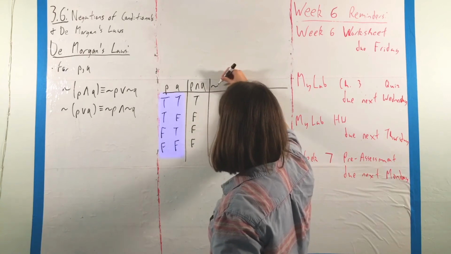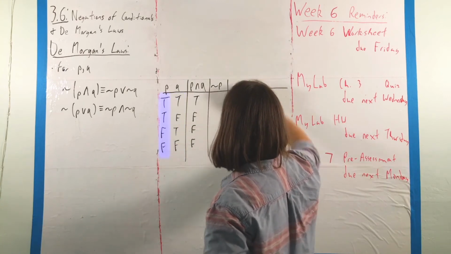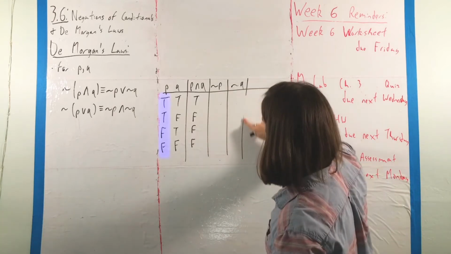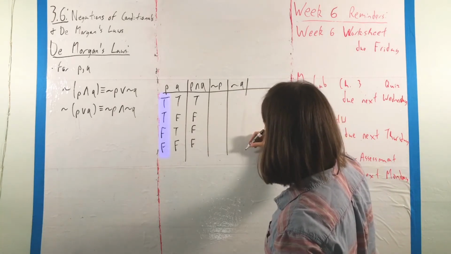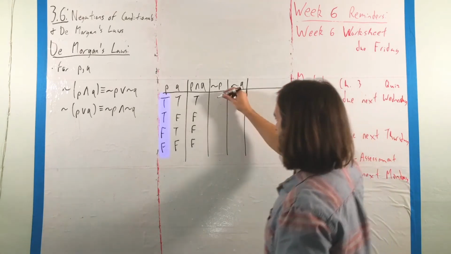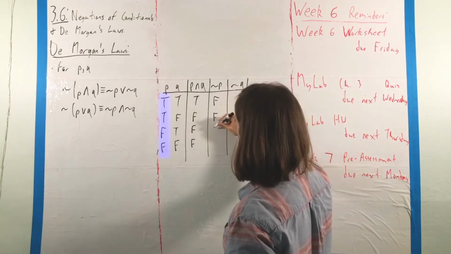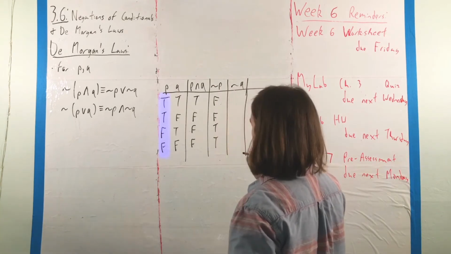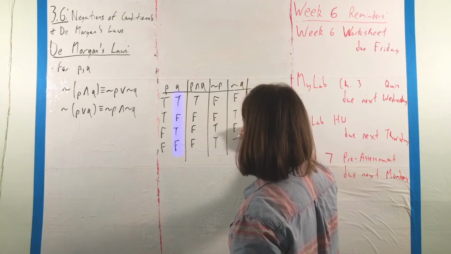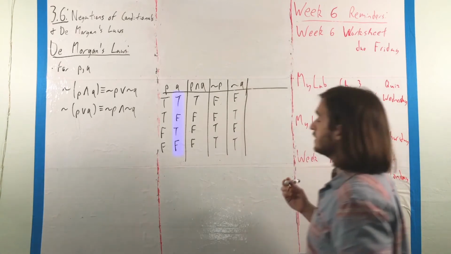And then if we negate each piece, we take the negation of P and the negation of Q. Hopefully you're fairly confident, even if you're not quite as confident as I am right now, and can somewhat keep the pace. We would get false, false, true, true, and false, true, false, true.